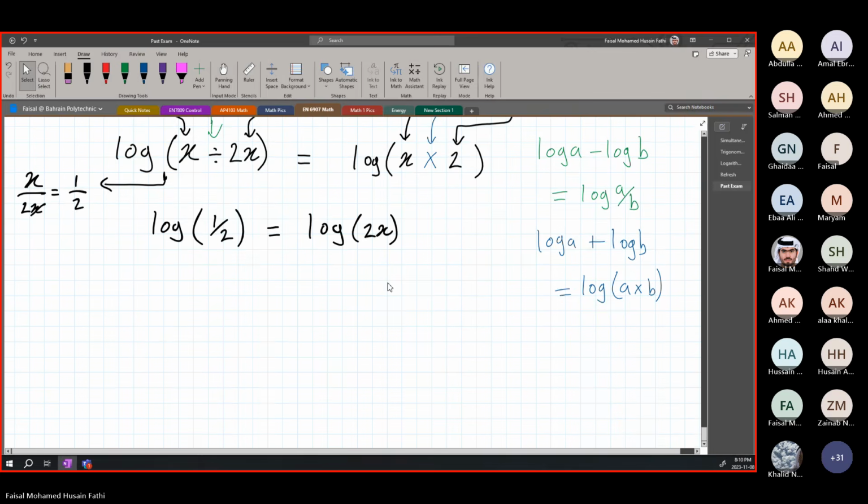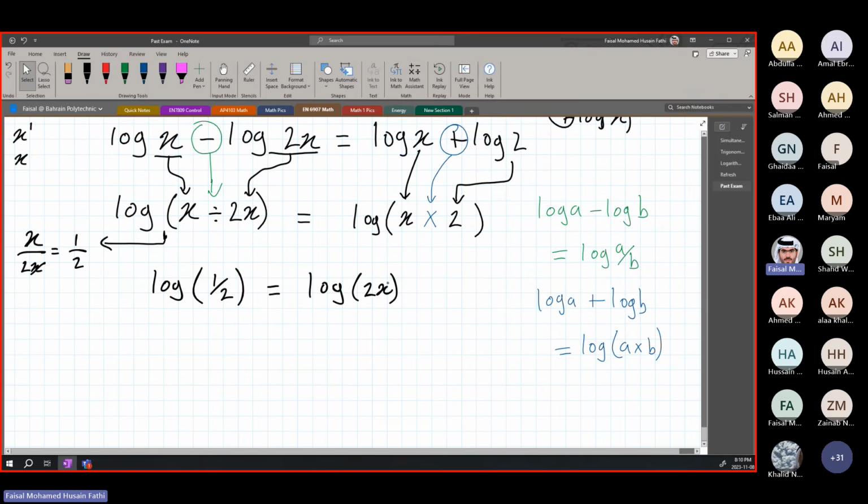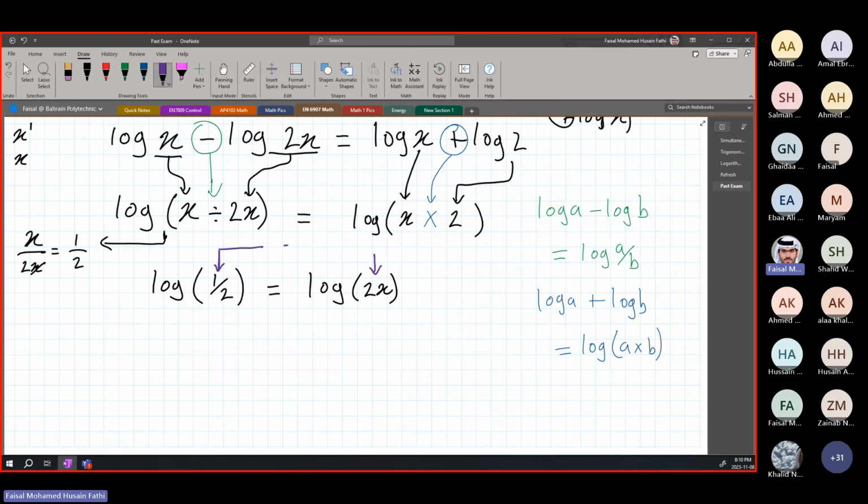Now logically, log of a number here has to be equal to the log of whatever the number here is. So these have to also be equal. Right? Log of half has to be equal to the log of 2x. We can't say log of 3 is equal to log of 4. Of course that's wrong. They're two different numbers.